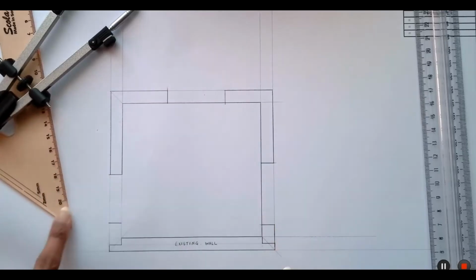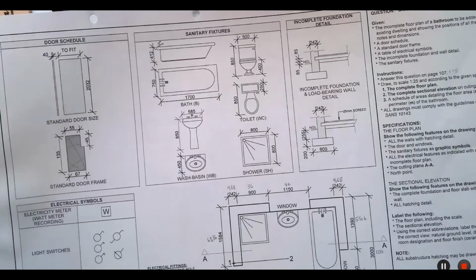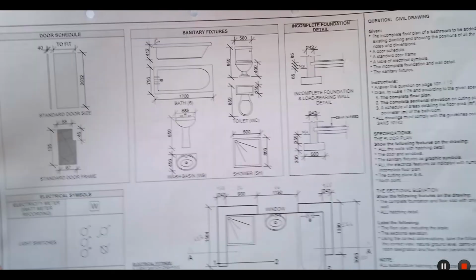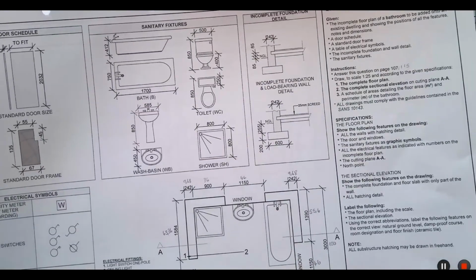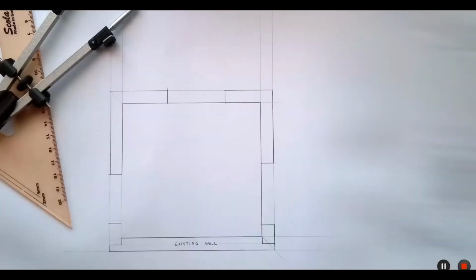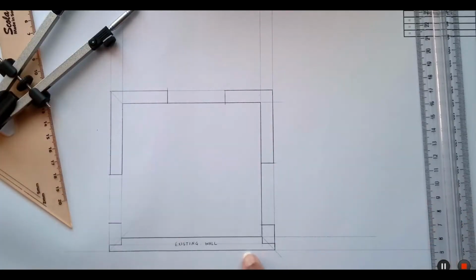So this is where my windows are going to be, and then I'm going to have my door. So I'm going to just start with the window. The windows will be here and here, and they are the same window size. So we're just going to draw the window frame.